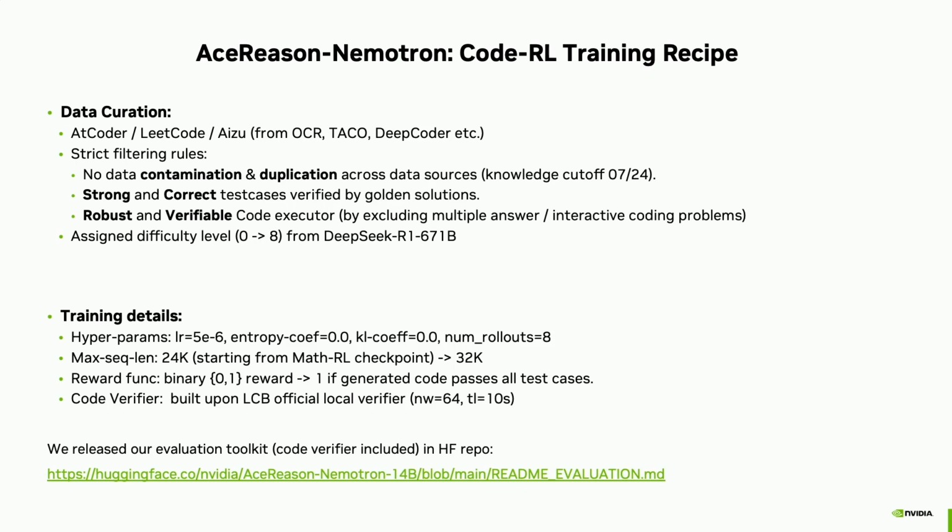In our training, we set the hyperparameters with an appropriate learning rate, and we also do curriculum training from small maximum sequence lengths to large maximum sequence lengths with different difficulty levels. We adopt just a binary reward, so the generated code receives a positive reward if and only if it passes all the test cases.